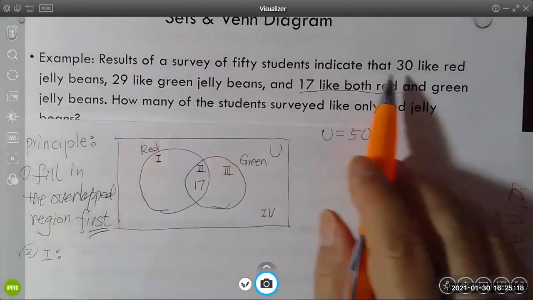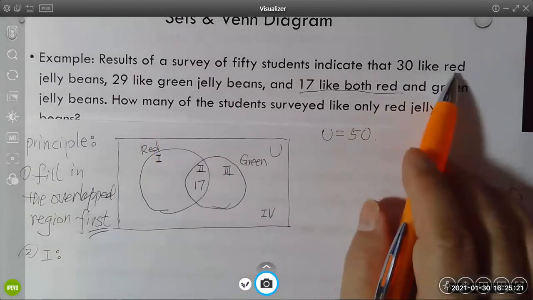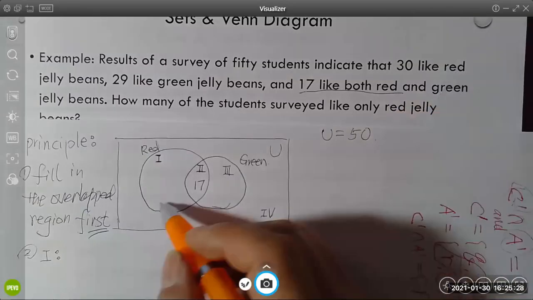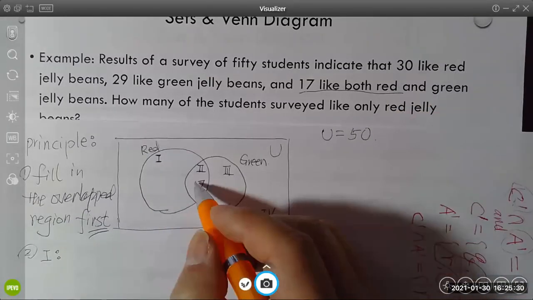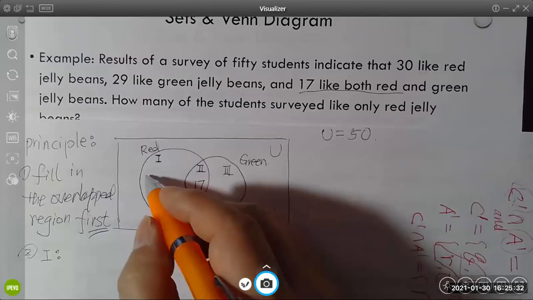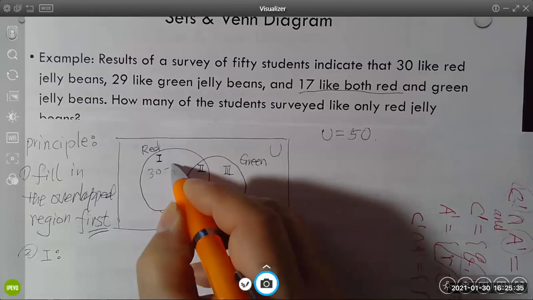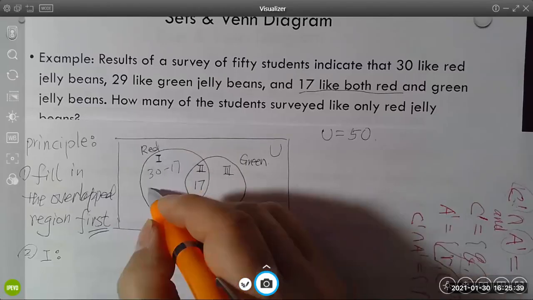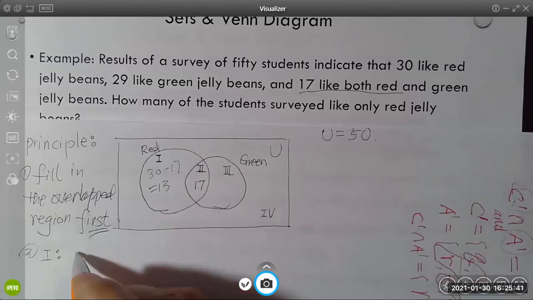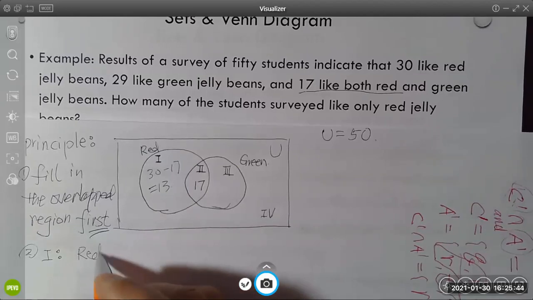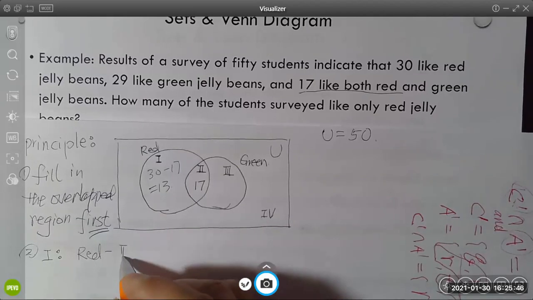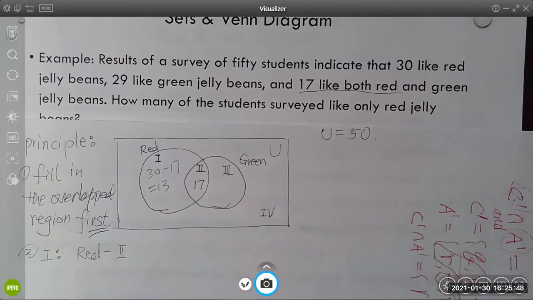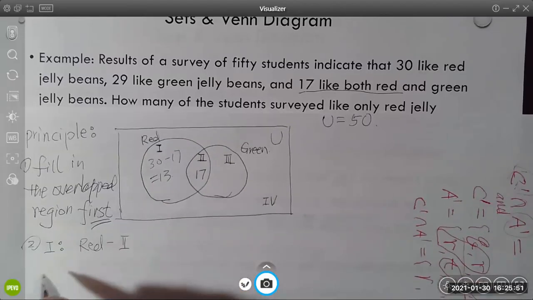Now we are given that 30 students like red jelly beans. That means the whole red circle is 30, but 17 of them are in here. How about the rest? It must be 30 minus 17. This whole thing, get rid of this, that's this area. So that's 13. So that means for this region 1, you use the red circle minus the second region.